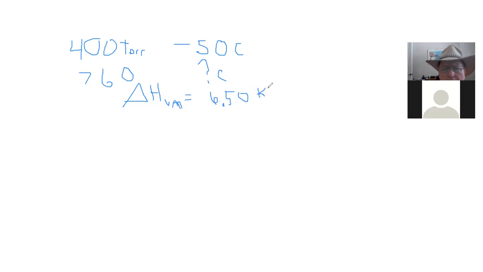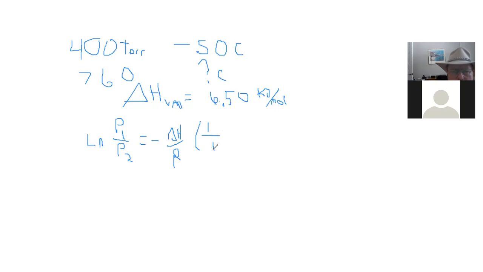All right, so the overall formula: ln(P1 over P2) is equal to negative delta H vap divided by R, times (1 over T1 minus 1 over T2).